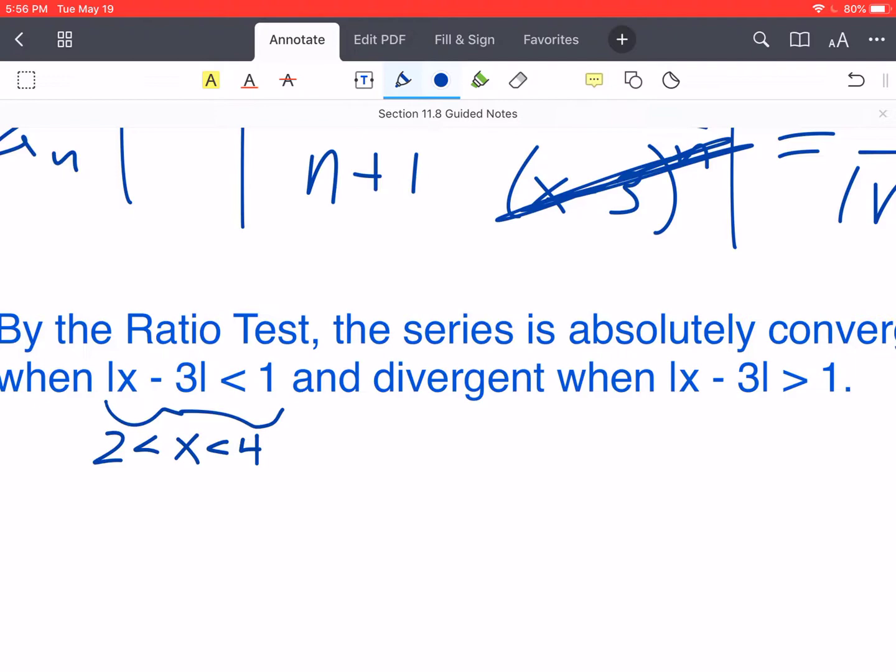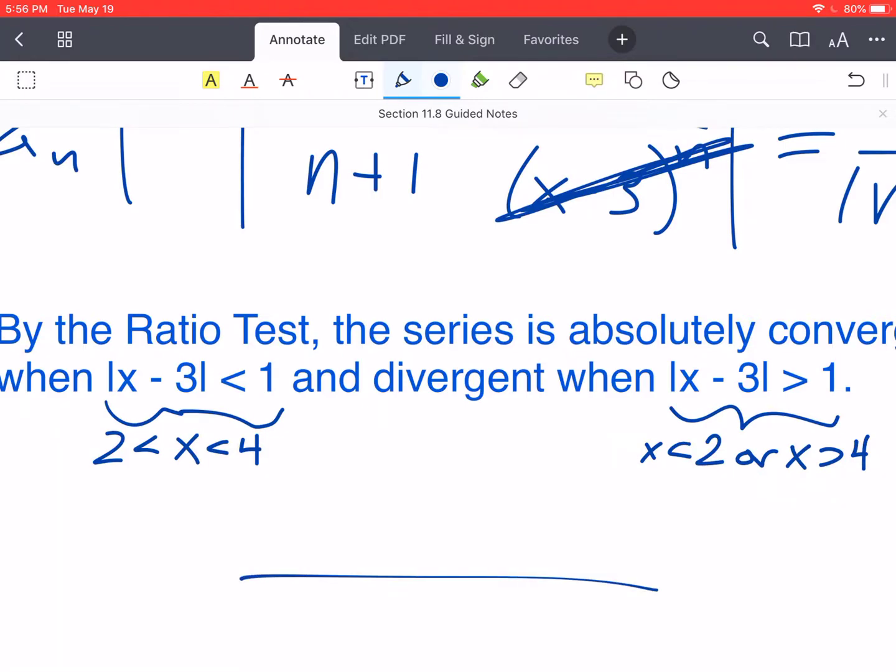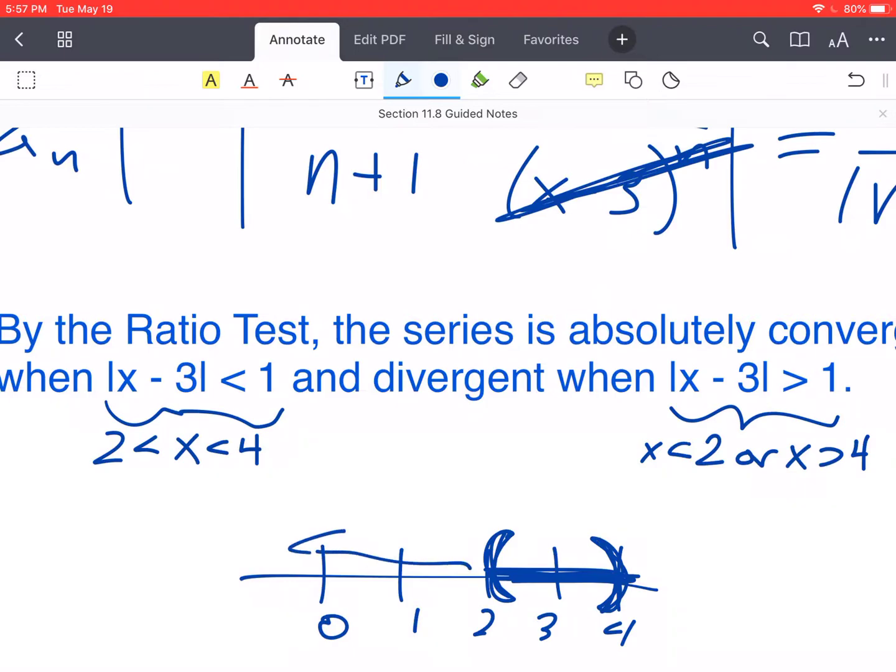So if you split that into the two inequalities, this one's saying when x is less than 2 or x is greater than 4. So if you just picture the number line, here's 0, 1, 2, 3, 4. So if we're within this range here, that tells us we're convergent, and anything outside of that range is divergent. Okay, that's what that tells us.